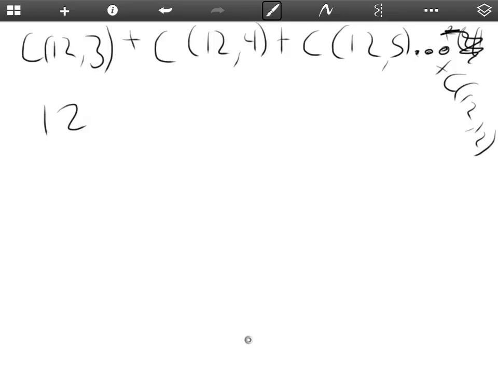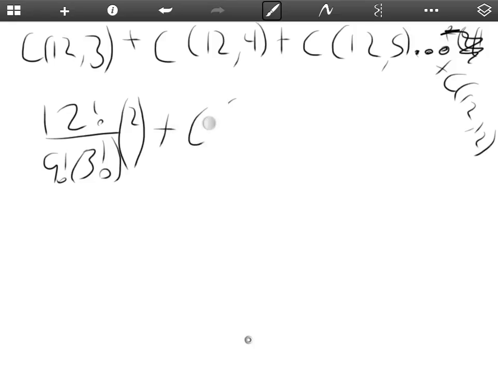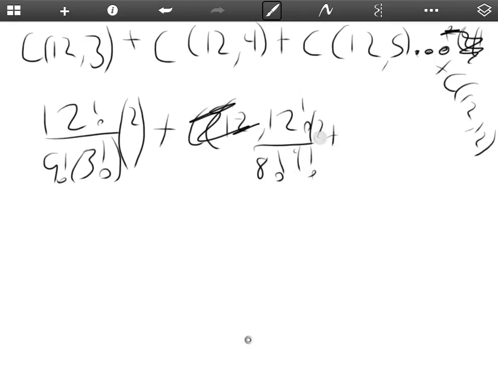Let's write out the bare minimum. There's no way this is all going to fit on my screen.